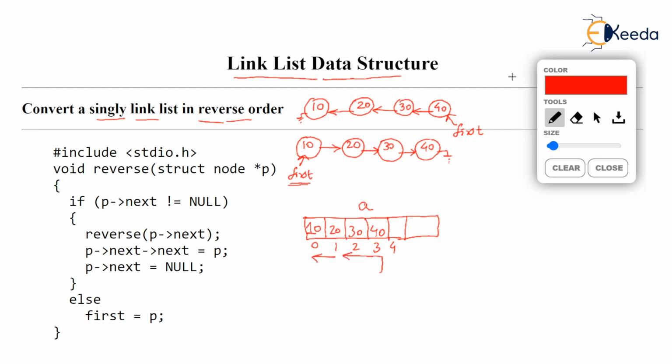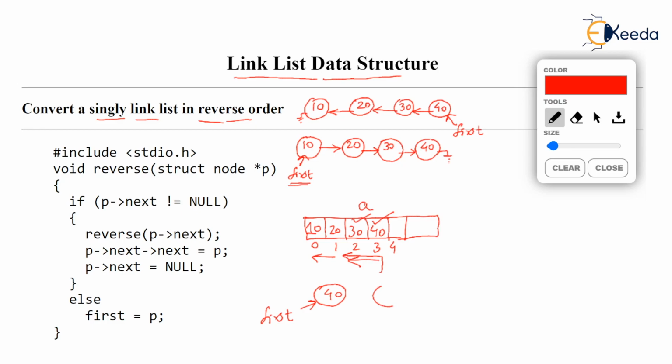And now we will take the last element first, that is 40, and we'll create a new node, store 40, and this will be claimed. 40 will be made the first node. Then as we go backwards in this traverse, 30 will be the next value that we will take.